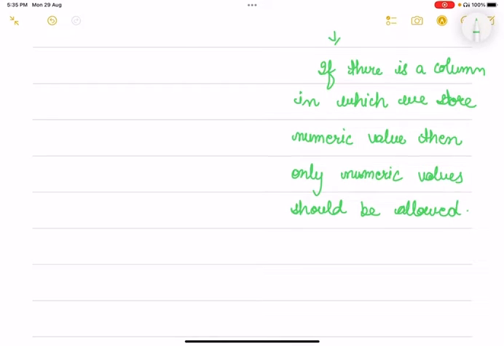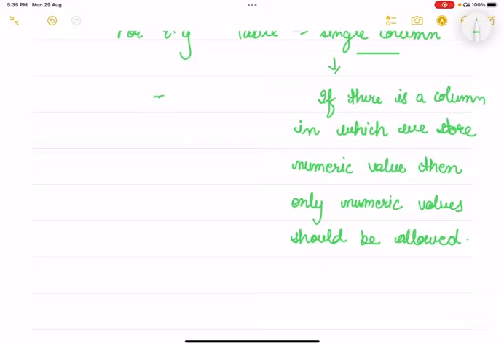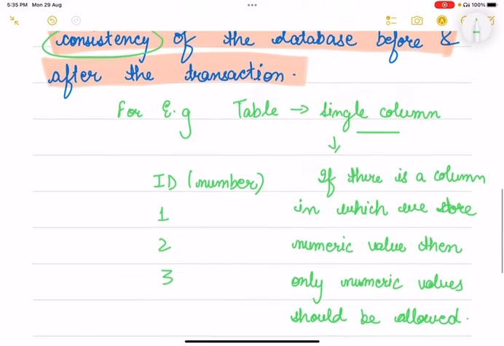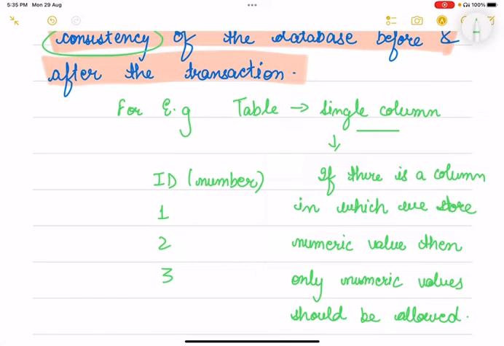I mean to say, if there is a column ID and we are storing numeric values in this, 1, 2, 3, then only numerical values should be stored in that column. Like we cannot store character values in that column. So this is about consistency.